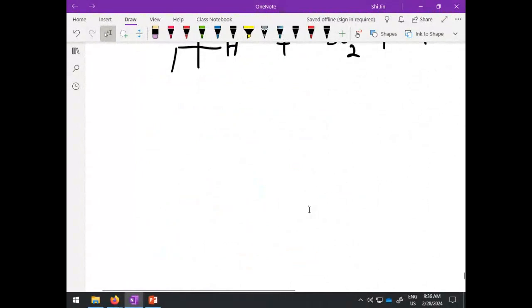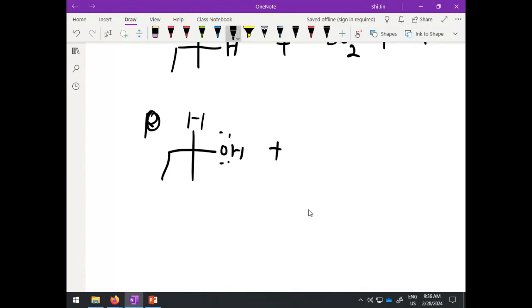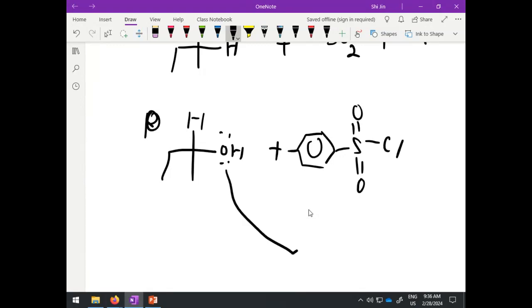Now, more commonly, you will see electrophiles like, say, if you have the same alcohol and react it with TsCl. What is TsCl? It is this thing. Again, the reaction starts with the nucleophilic oxygen atom attacking the electrophilic atom, which is sulfur.